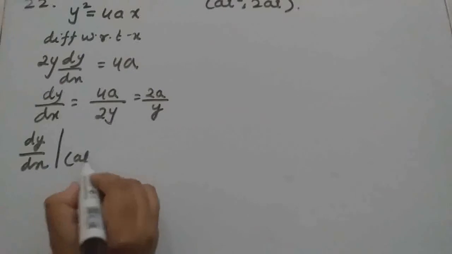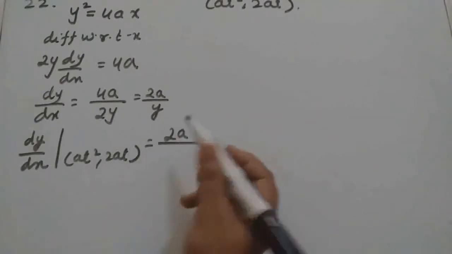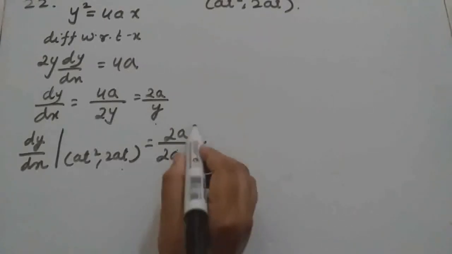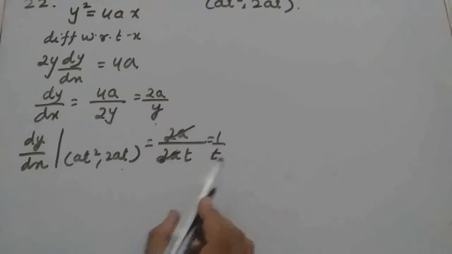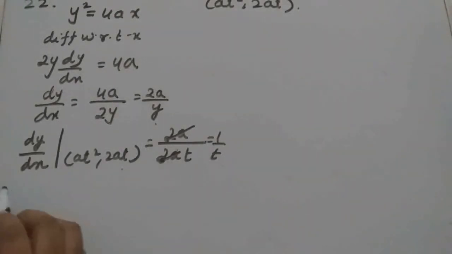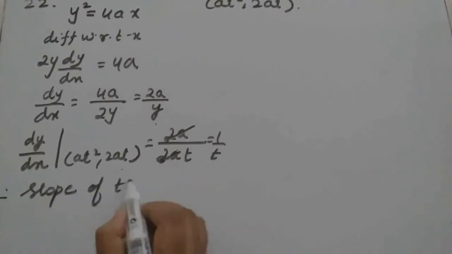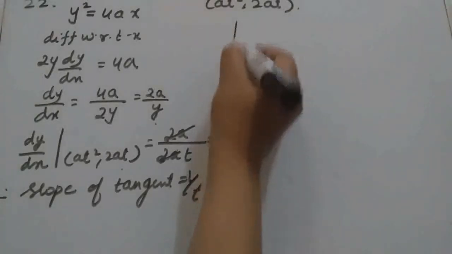But at this point, at square comma 2at, here the y value only we can substitute, isn't it? So 2at, that is 1 by t. So this is the slope of tangent. So the slope of tangent is 1 by t.